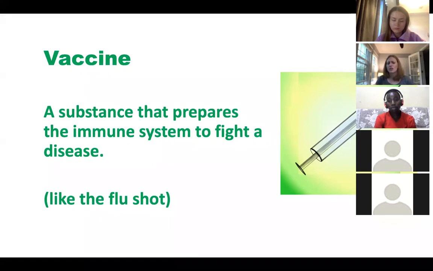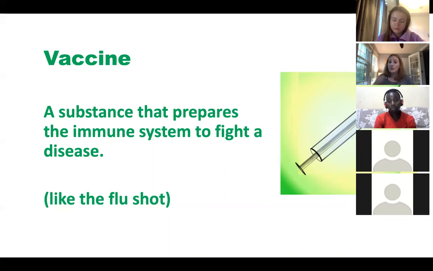So a vaccine is given before somebody or an animal gets sick from a germ. So me as a veterinarian, I give vaccines to my animal patients before they encounter that germ, because I want their body to be as strong as possible to fight that germ.